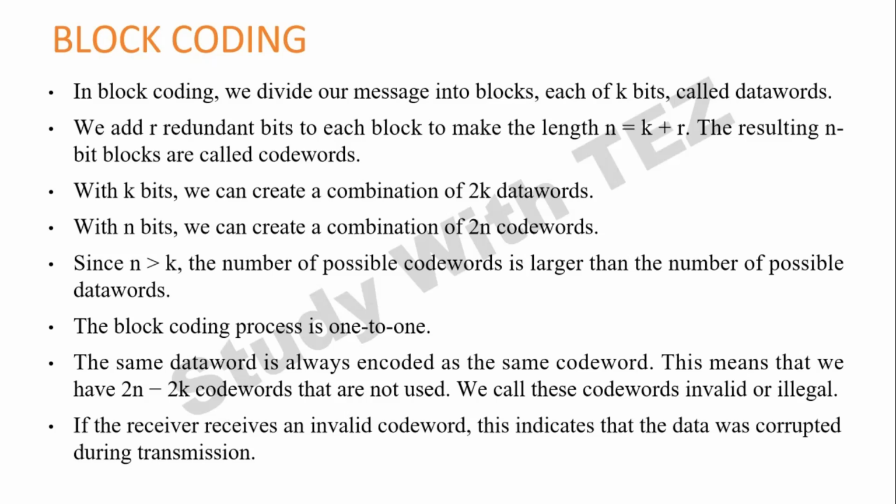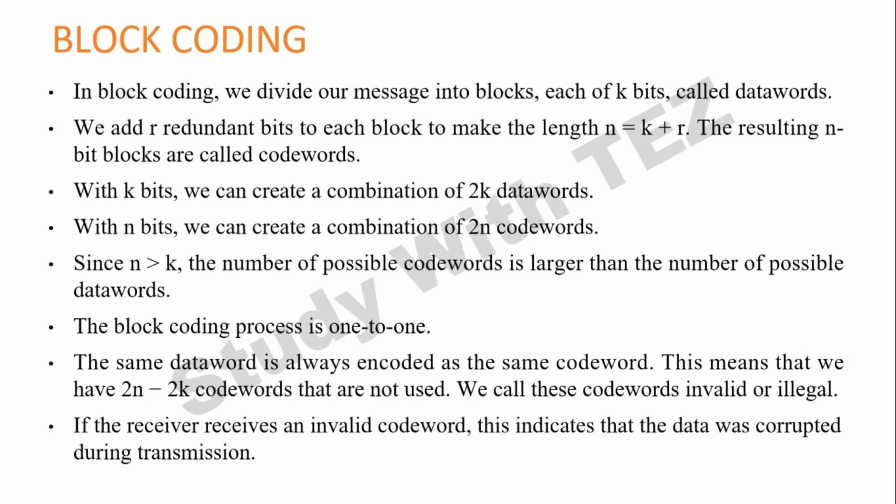So there is a list of valid code words and invalid code words. Block coding is a one to one process. So one data word will be coordinated with one code word. Every data word will have one code word, and the remaining ones which have not been mapped to a data word will fall into the invalid list of code words.